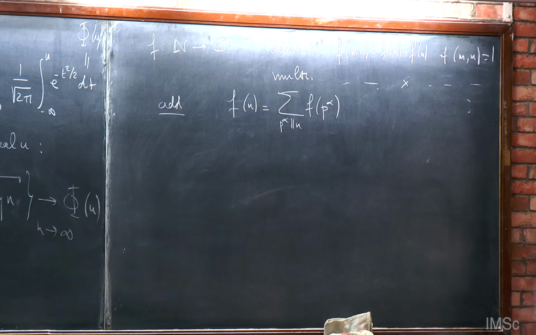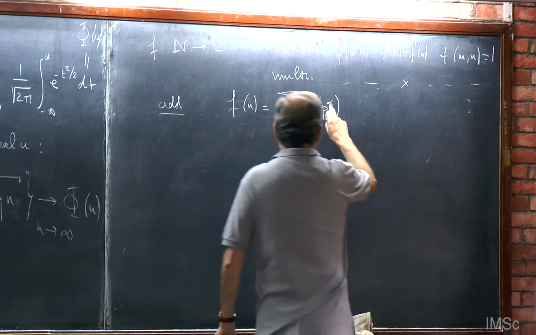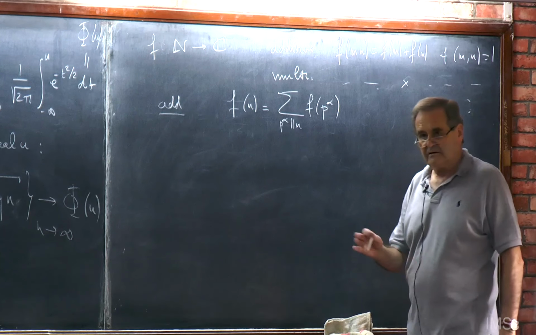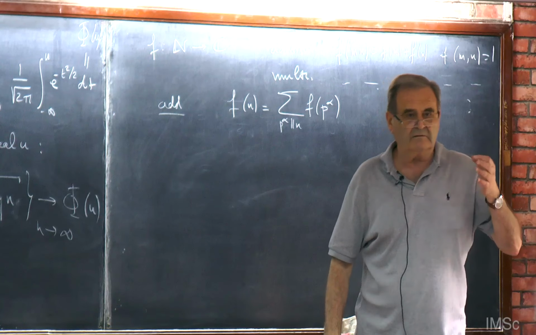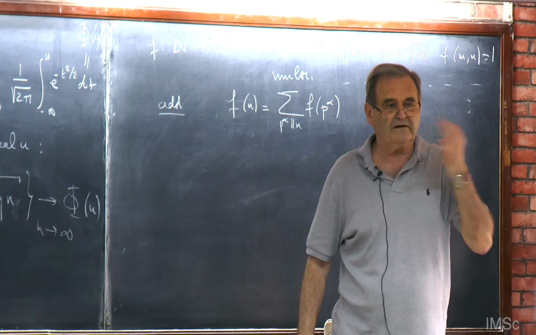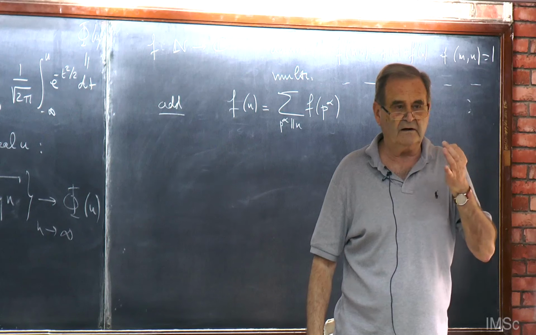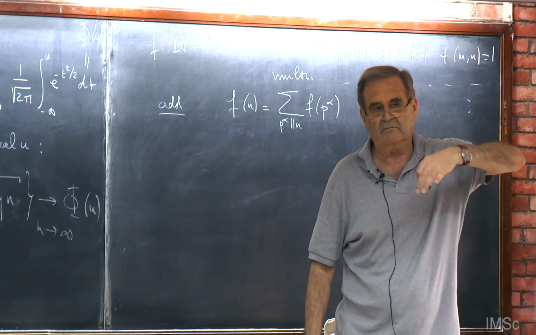Okay, so to make our life a bit easier, I'm considering something like the little omega of n function, that is to say, counting the prime factors without multiplicity. I assume that f(p^alpha) is independent of alpha. You see, if I say the number of prime factors without multiplicity, I don't care if n is divisible by p squared.